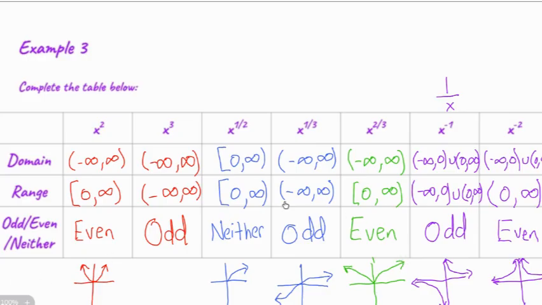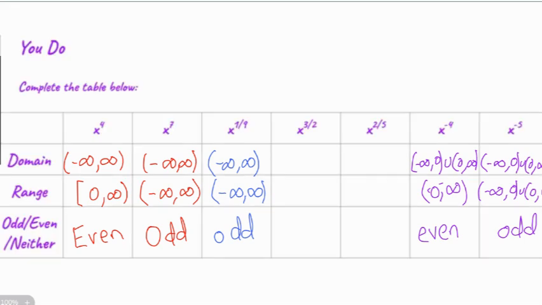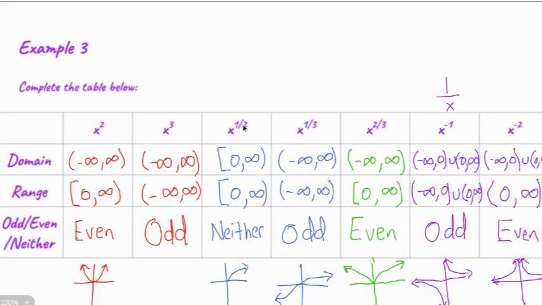So we get negative infinity to infinity, and 0 to infinity. We're only going to get positives out because if we're plugging in negatives, we're getting positives out because that 2 is squaring everything. And then this is also even. And then finally, an odd over an even, we can kind of copy that based off of this right here.